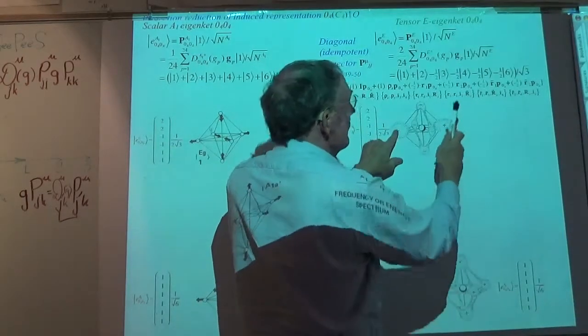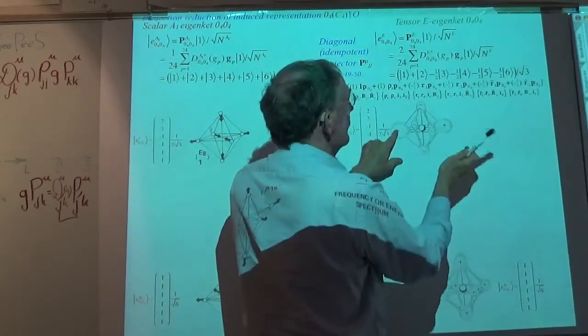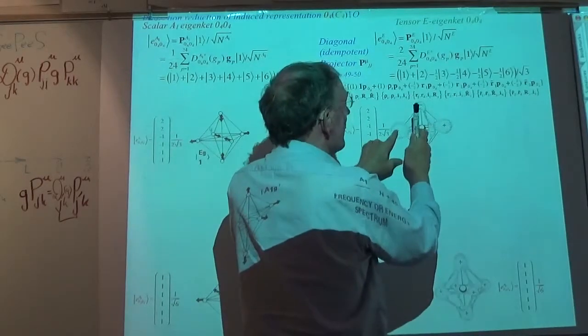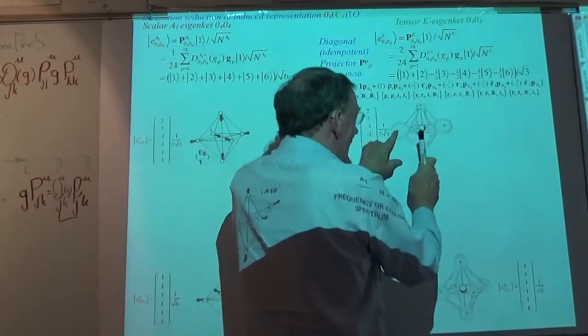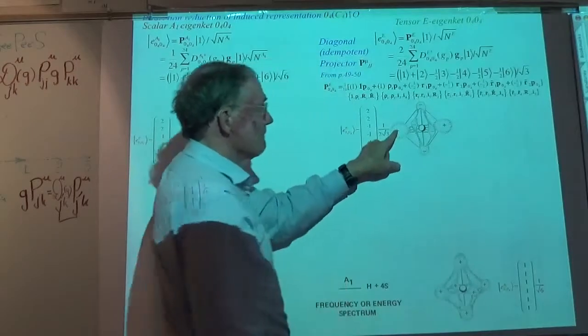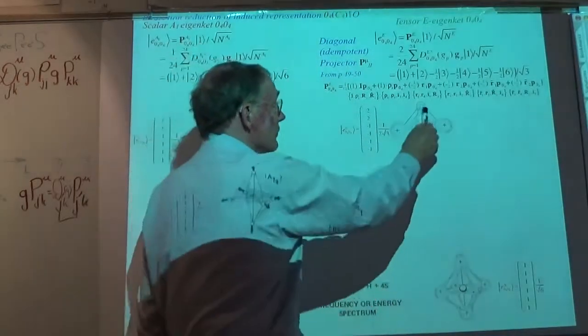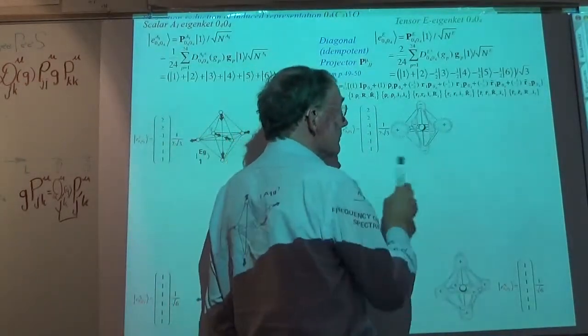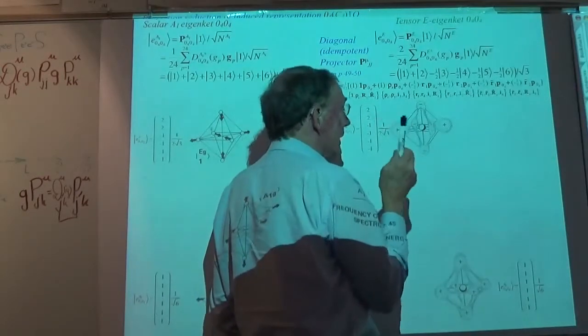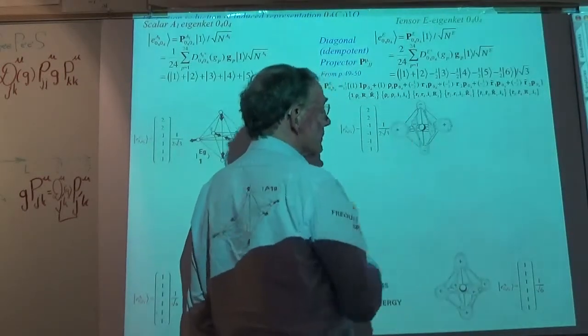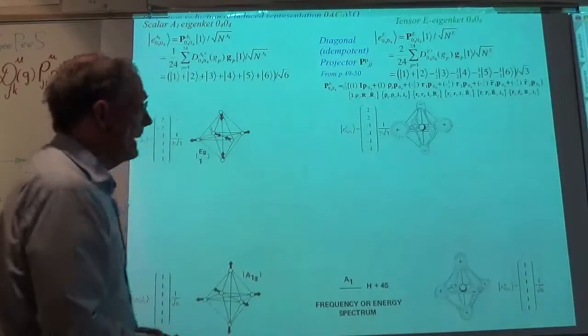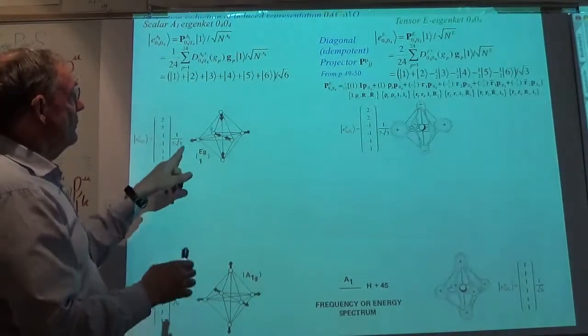Remember, this is state 1, this is state 2, this is state 3, 4, 5, and 6. Okay? And they all have the same number, reduced in amplitude by 2, and in probability by 4. Okay? This is the same deal here.